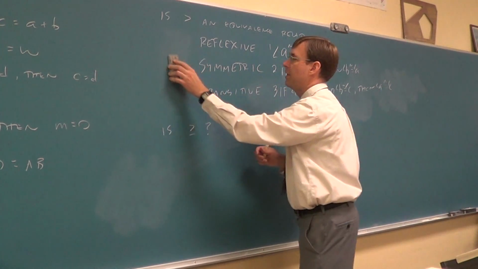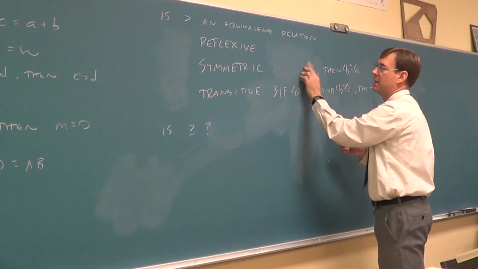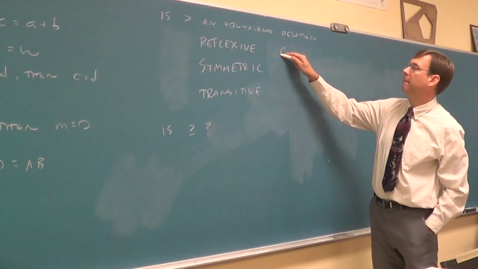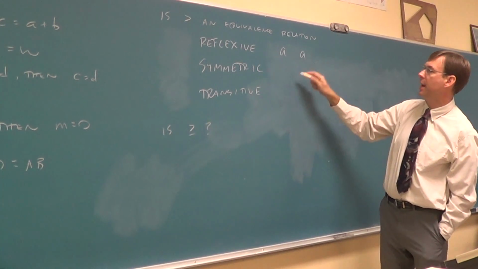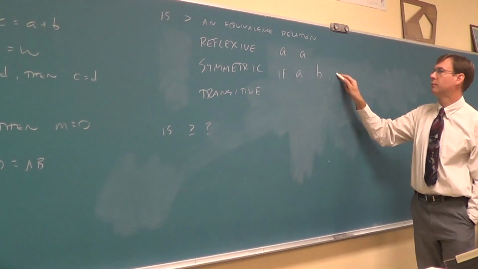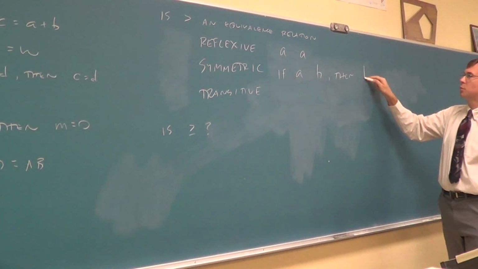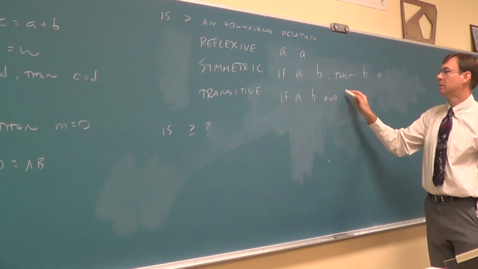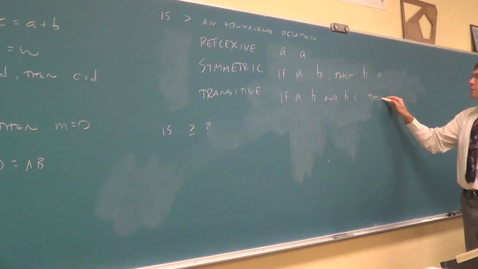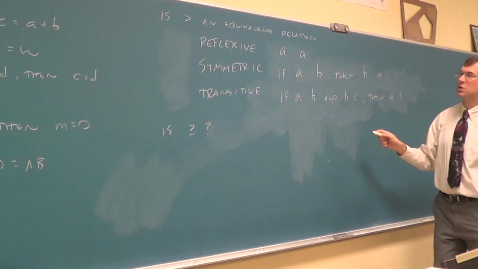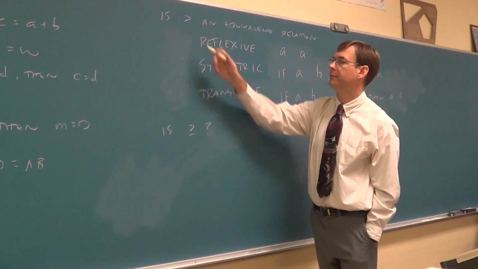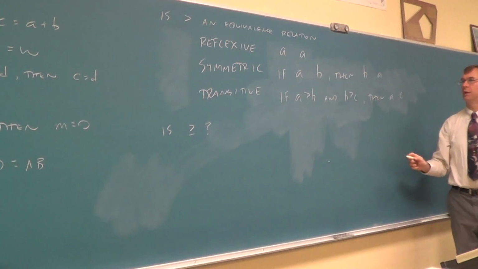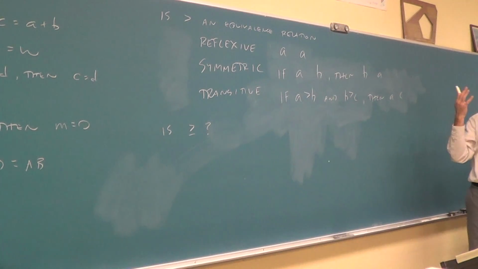So then let's do something that I just shot down a second ago. Somebody said is less than an equivalence relation. I shot that down. I'll go greater than. So if I try the properties out with greater than: if A is greater than B, and B is greater than C, think through that for a second.